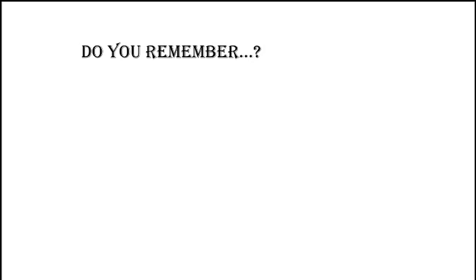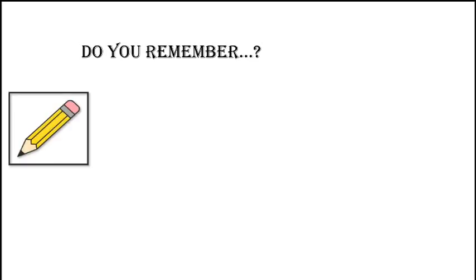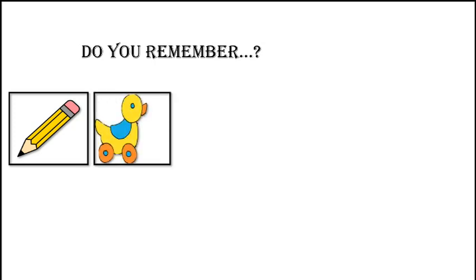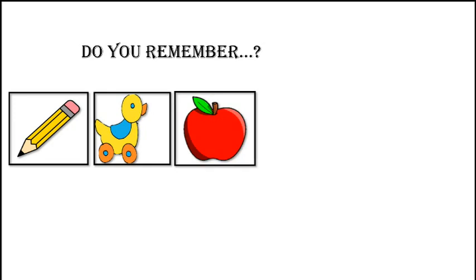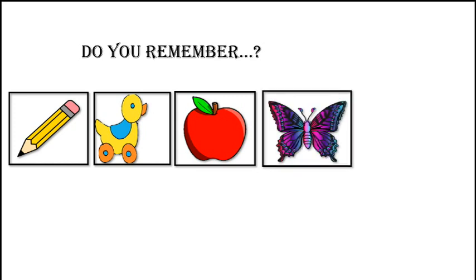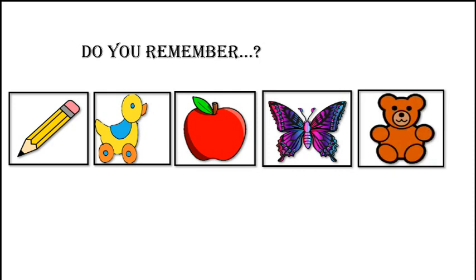Class, do you remember the pictures with the same order? Yes? Can you tell me what's on the picture first? A pencil. Second picture, a toy duck. Third picture, an apple. What's on the fourth picture? A butterfly. Fifth, a teddy bear. Good.